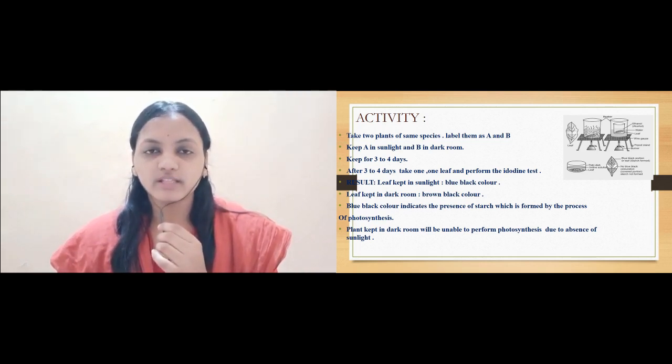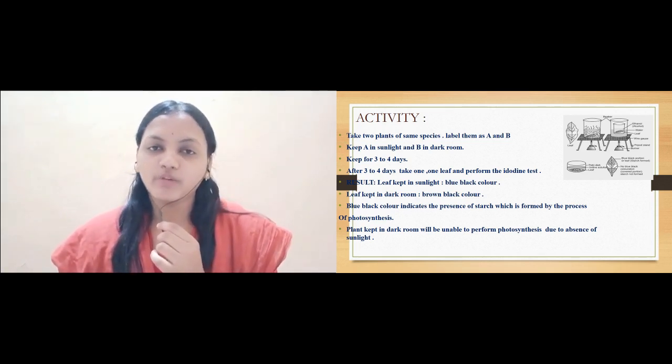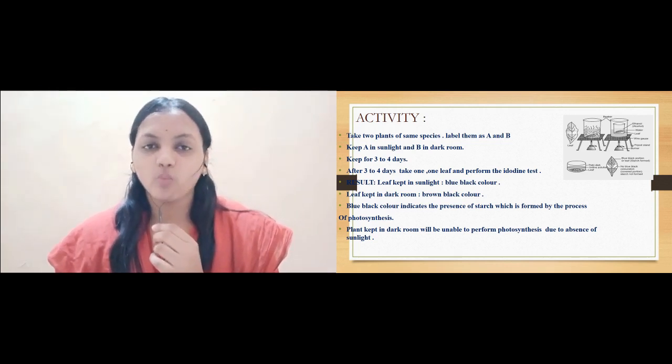After 3 to 4 days, take one leaf from each plant, from plant A and plant B, and perform an iodine test on it. Now what observations are you going to get?